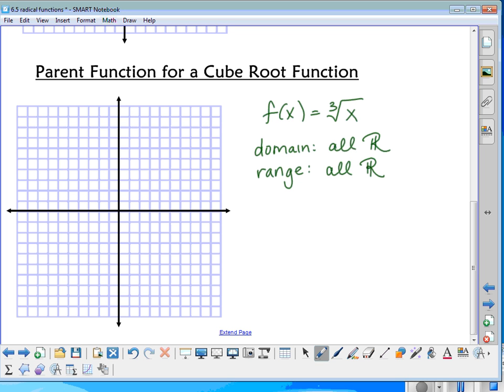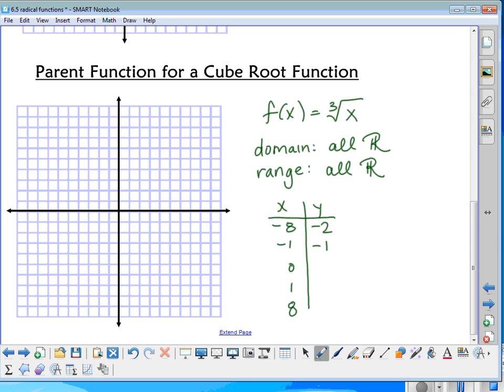And so again, just choosing easy numbers to work with, I'm going to choose numbers I can take the cube root of. So negative 8, negative 1, 0, 1, and 8. And the cube root of negative 8 is negative 2. And the cube root of negative 1 is negative 1.